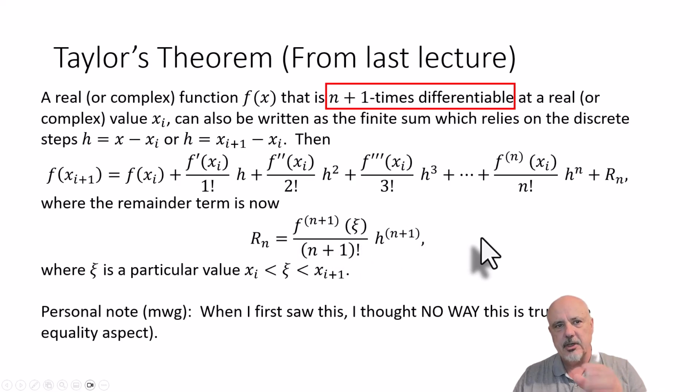Remember our Taylor's theorem. This was an amazing theorem that made something perfectly equal. It was that you would have this function that is n plus 1 times differentiable, and you would say, I want that function evaluated at the zeroth derivative and all of the derivatives up to, but not including, n plus 1, and I'm going to evaluate all of those derivatives at the home position or the reference x sub i, and I'm looking at a step.